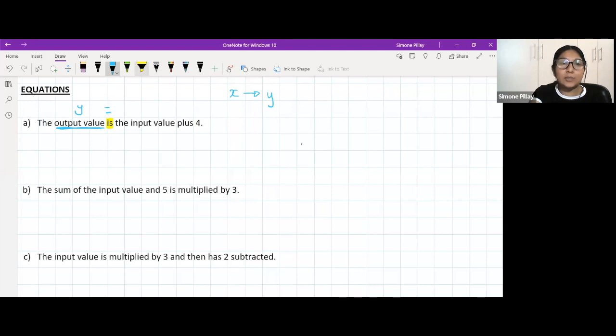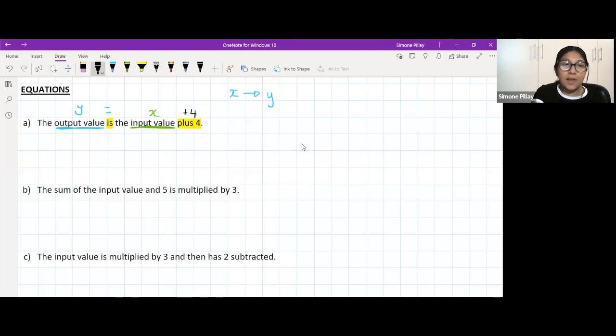Then the next thing we see them talking about is the input value. Immediately when I see input value, I think of X. And then the last thing in my sentence was just plus 4, which I know means a regular add. So let me put this into an equation. As you'll see in my notes on the top, it's nicely formed out my equation.